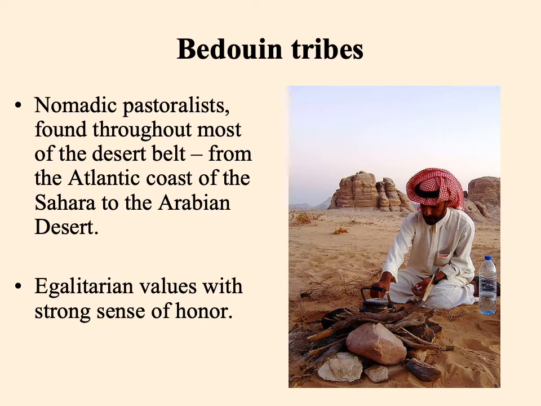The term sheikh, by the way, in Arabic literally means respected older gentleman, a venerated individual, right? Whatever leadership authority they had was conferred upon them simply by virtue of their being highly respected. It wasn't a very formal kind of political authority. So overall, a very egalitarian social structure.